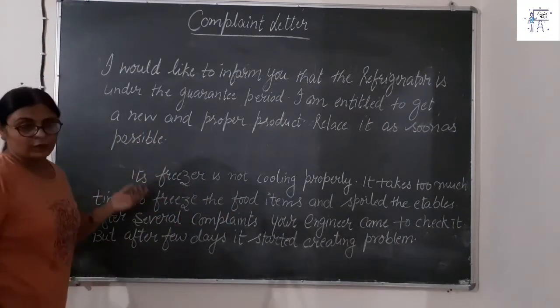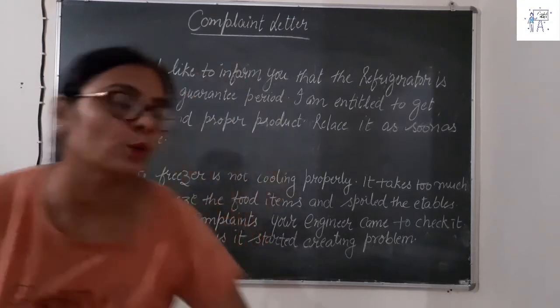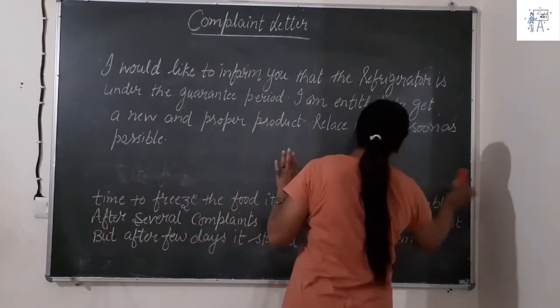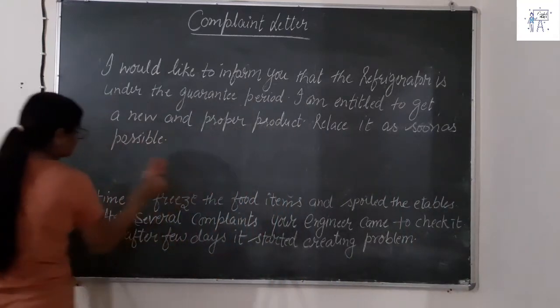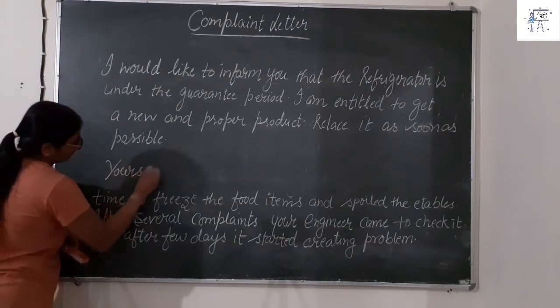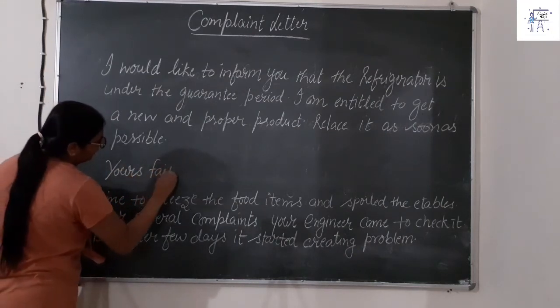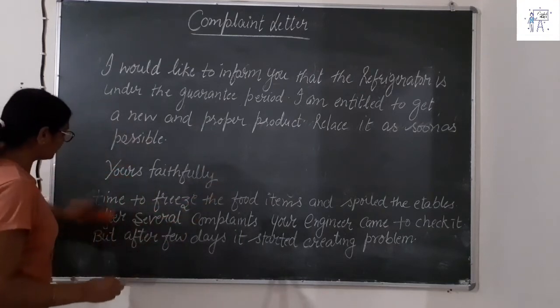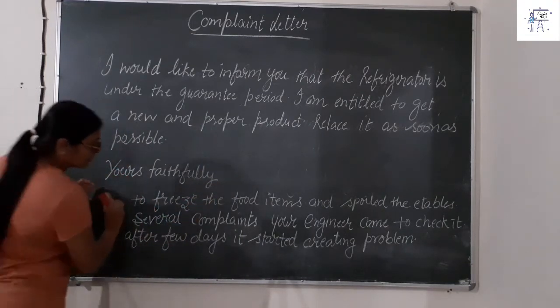After this, we will write the complimentary clause. As I told you, yours faithfully, and the name of the sender will be mentioned there. You can write any fictitious name if the name is not given in the statement.